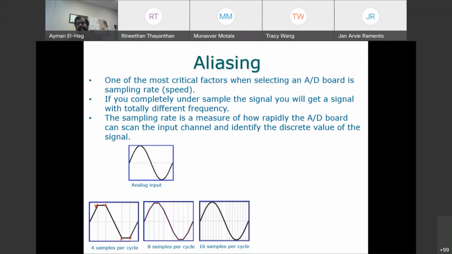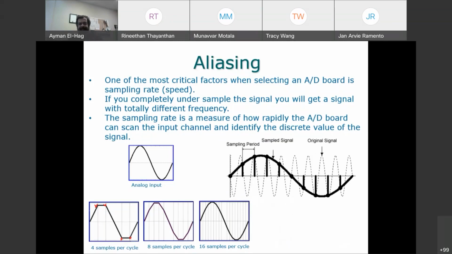Sometimes you don't only distort the signal, but you get a different signal. This is an interesting example. The dotted line is my original signal. Because I'm taking a very low sampling rate, I'm getting a sinusoidal. However, this sinusoidal has a totally different frequency than the original one.